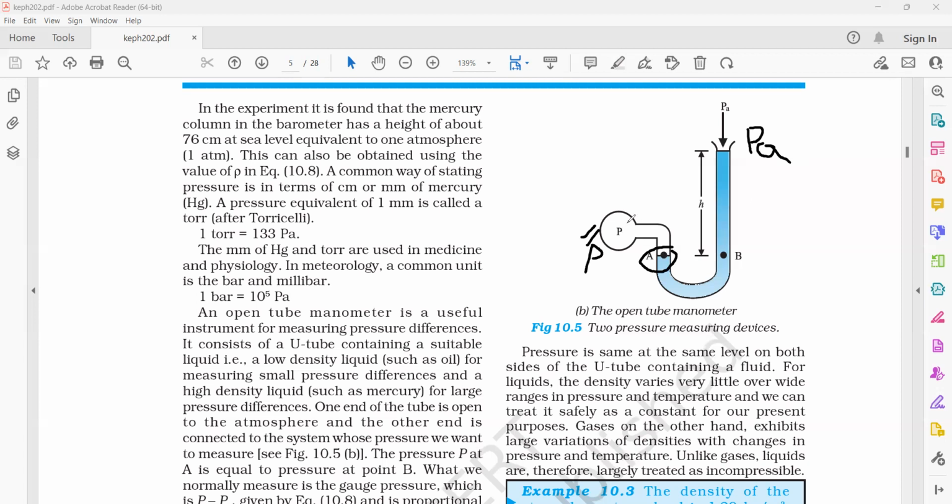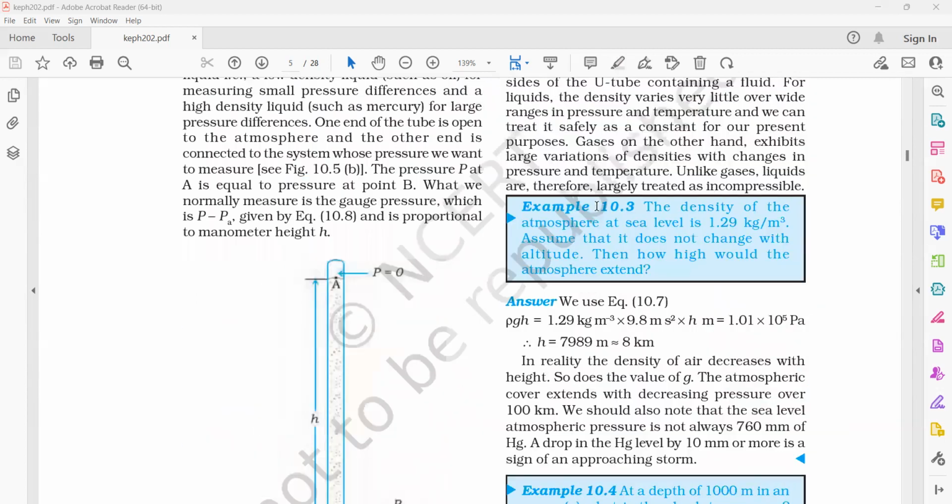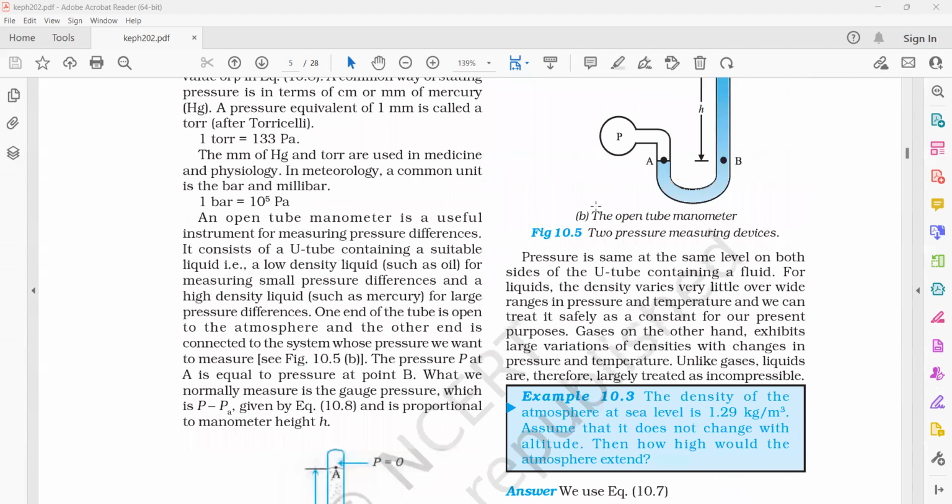The pressure is the same at A, so this is P. Because A and B are at the same height, the pressure at B is P. Now the difference in pressure is P minus P_A, because compared to P_A, the pressure P will be higher. This is how we can calculate the pressure difference from the height h.